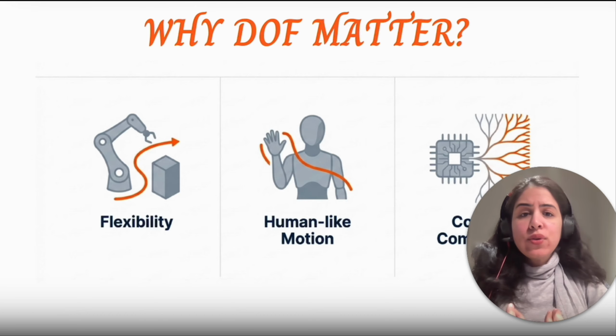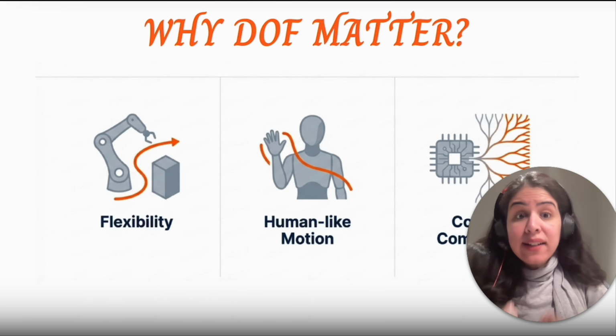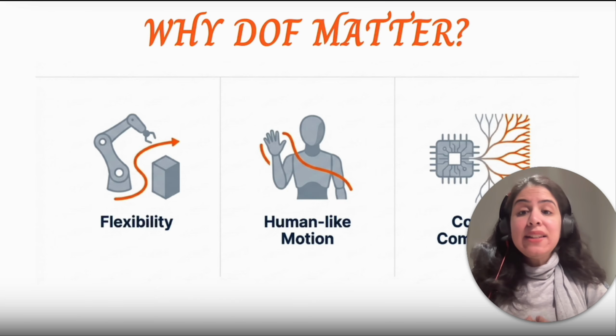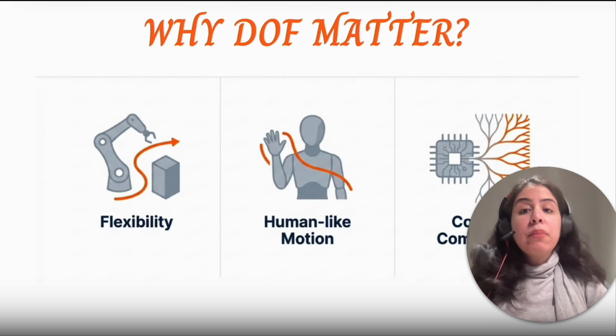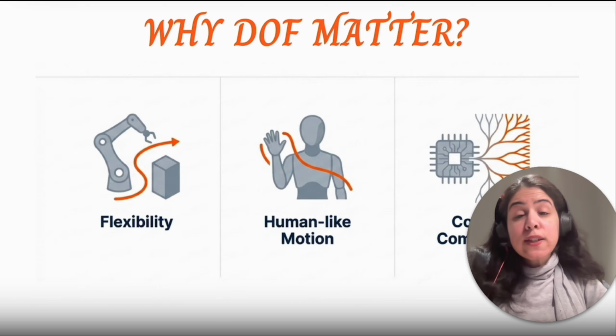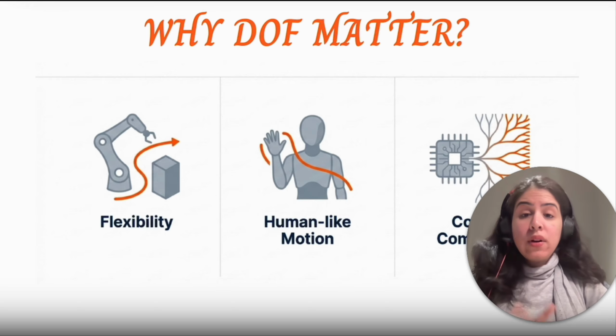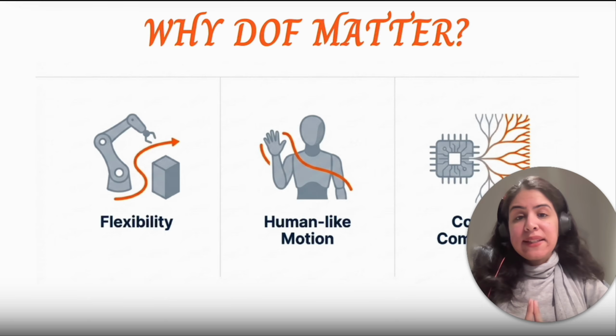And they matter for how hard it is for algorithms to control or learn movement, because every added degree of freedom dramatically increases the number of possible motions the algorithm must evaluate and coordinate. High degree of freedom robots are powerful, but they are also extremely hard to build and control, as they offer great capability and precision, but at the cost of exponential increases in control, planning, and learning complexity.